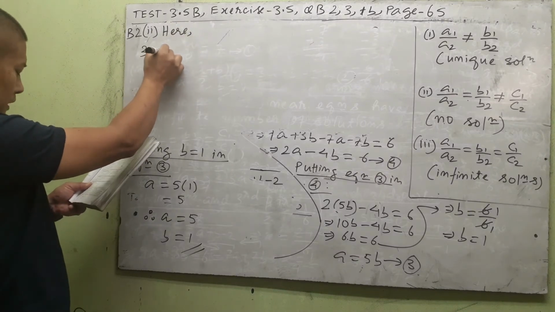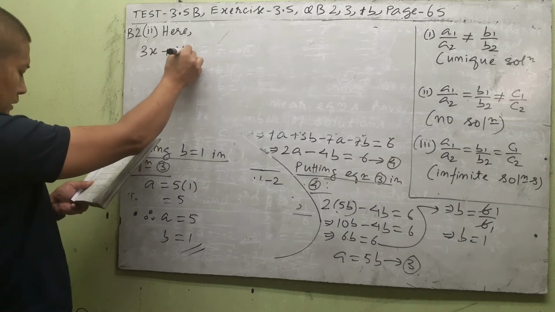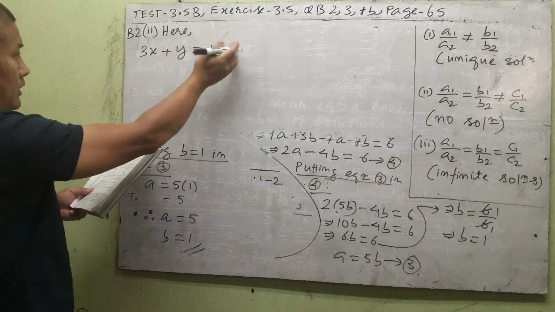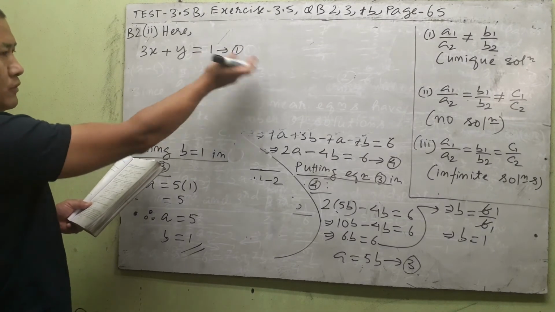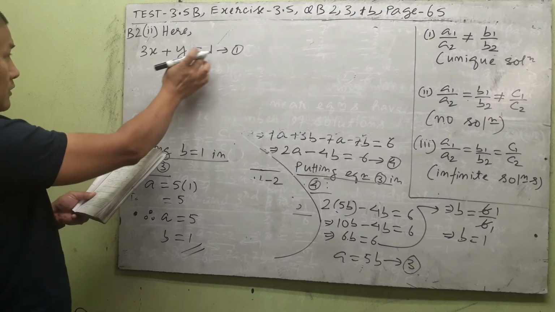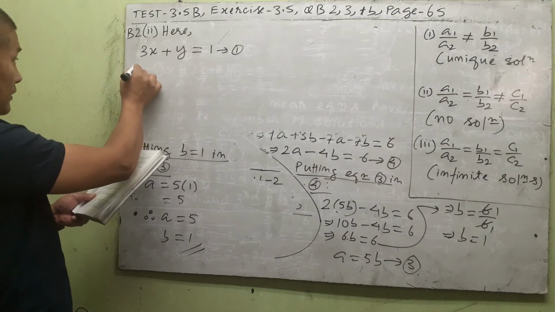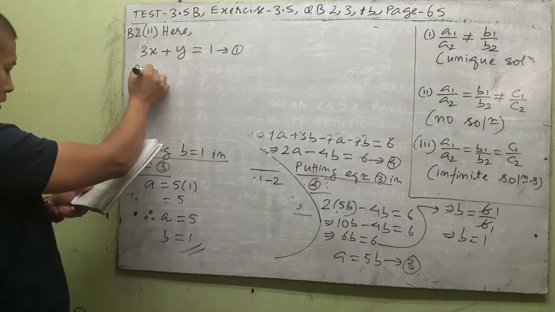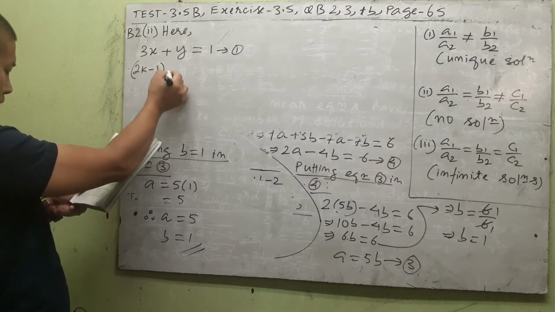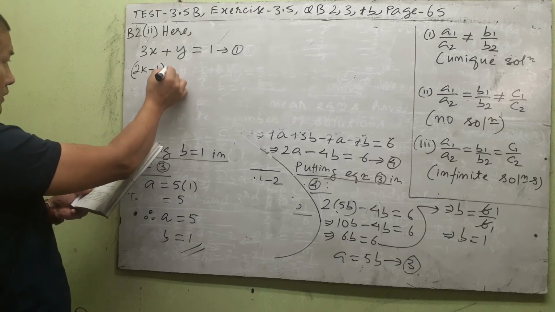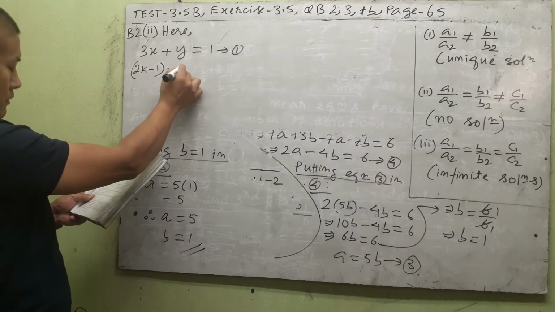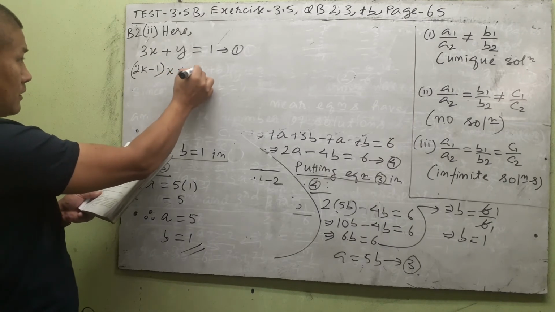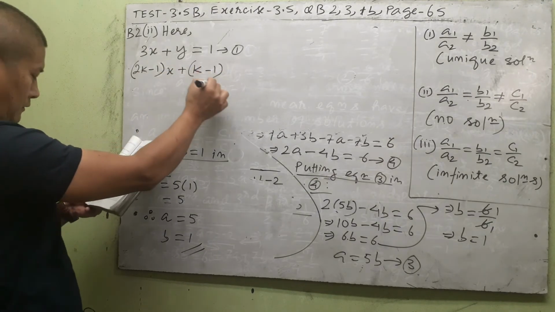3x, first term x, that's okay. Plus y, second term. C1 on the right side, that's fine. Then the next one should also be C2 on the right side, because C1 is already on the right. So it should be like that. I've been repeating this because it's important here. (2k minus 1) into x, this is the x term similar to 3x, plus (k minus 1) into y.